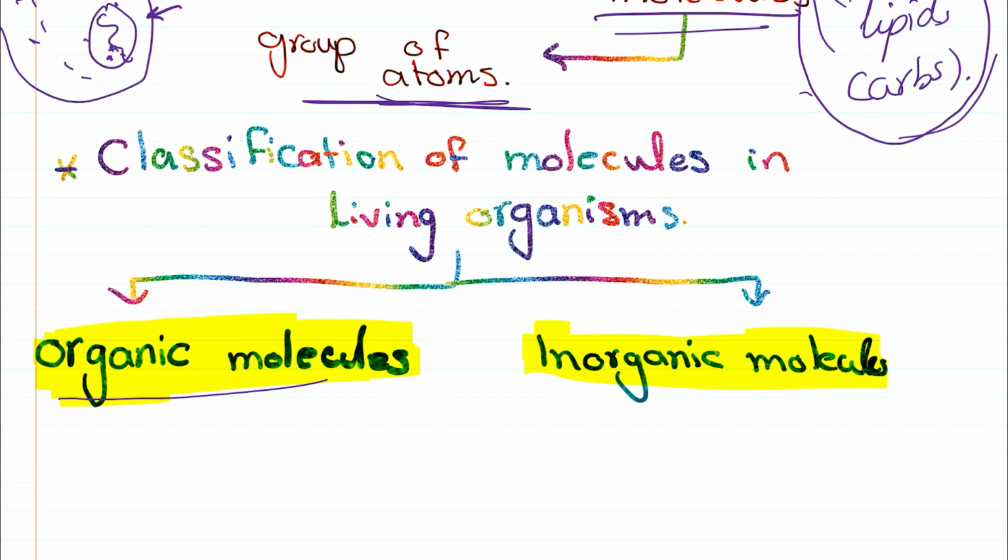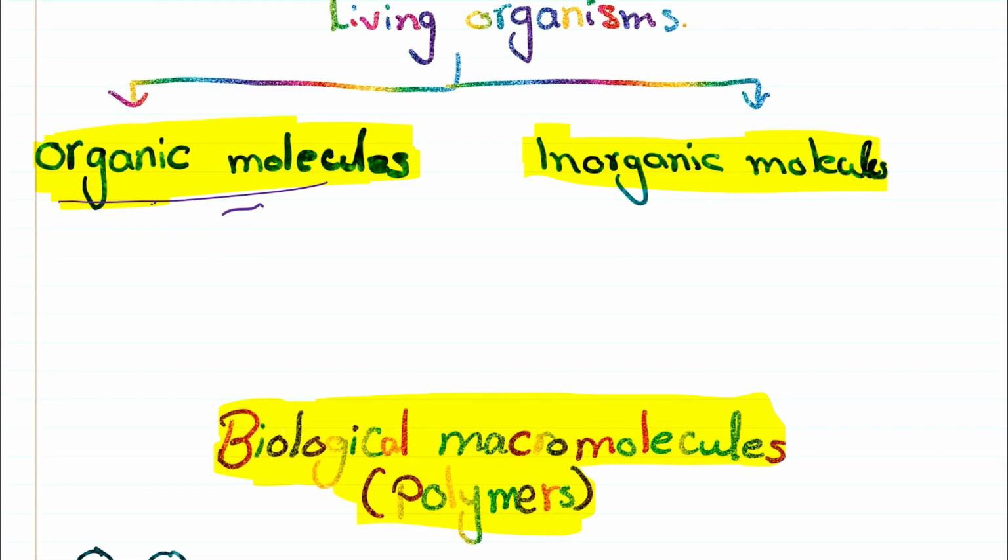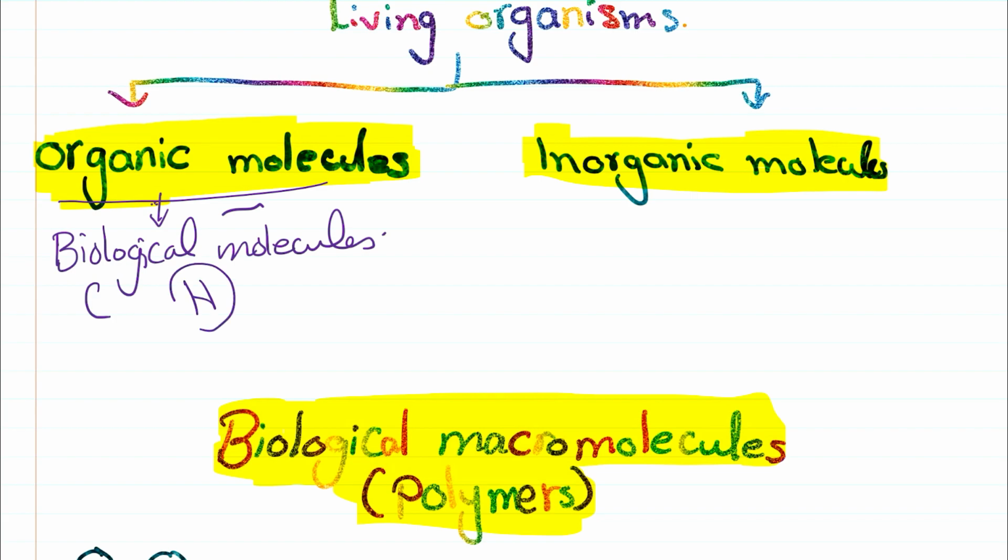What is the difference between organic and inorganic molecules? Firstly, organic molecules, we call them biological molecules. And by the way, they are large molecules. They contain carbon and hydrogen, these two atoms.